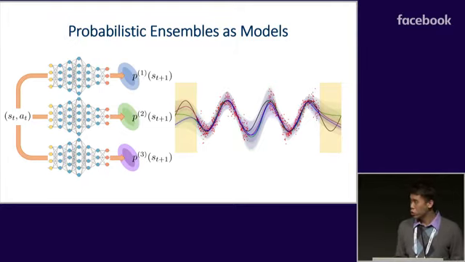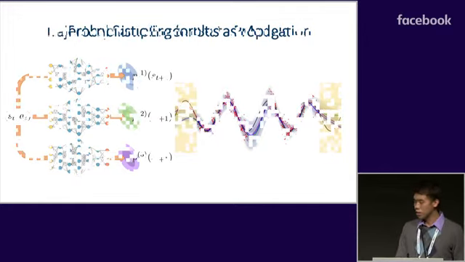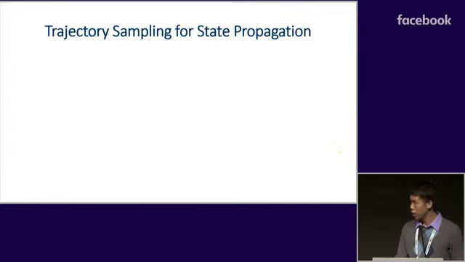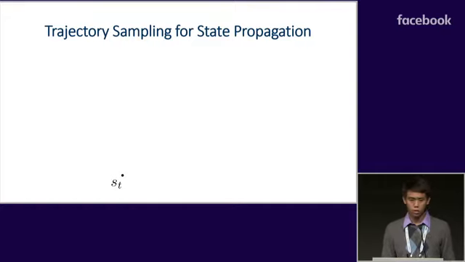But how do we actually incorporate these estimates into planning? So the method we use is something called trajectory sampling. And the idea is that given that the agent is currently in a particular state, given an action sequence, we can simply have each network in the ensemble give its own prediction of the resulting trajectory. And so, for example, in this case, we have a particular action, so each network gives a distribution over the next state.